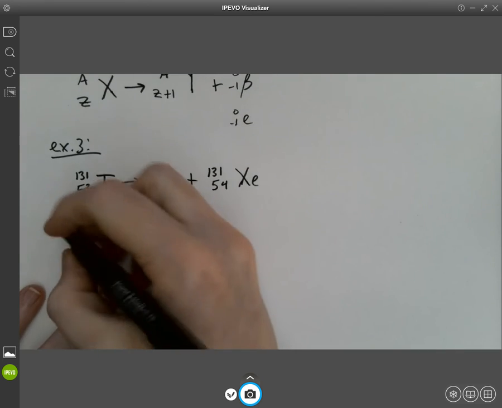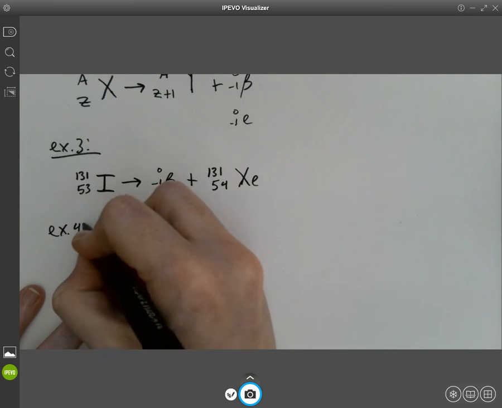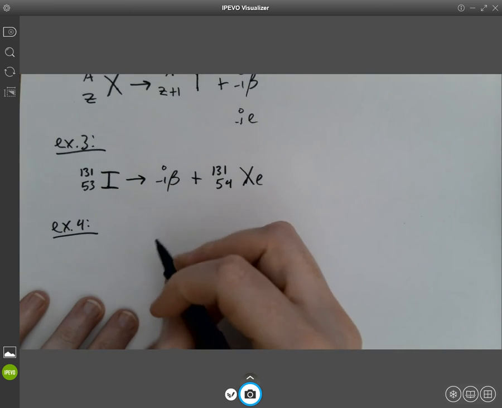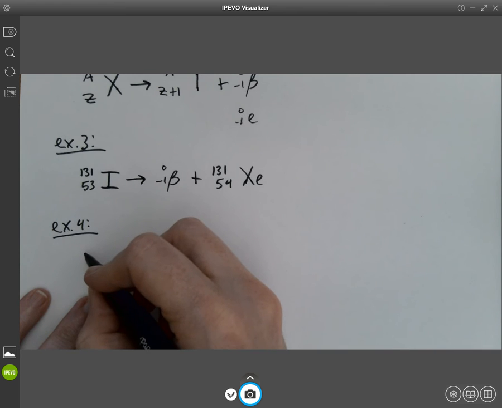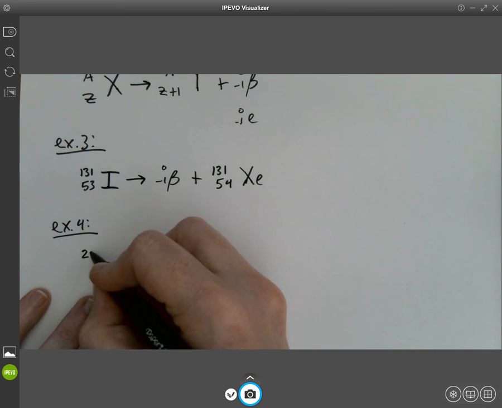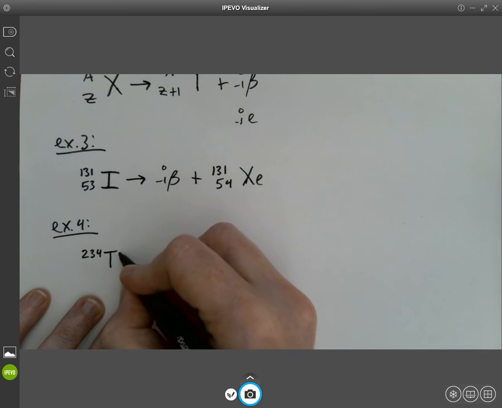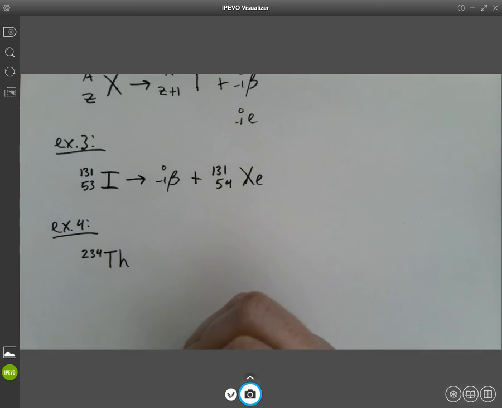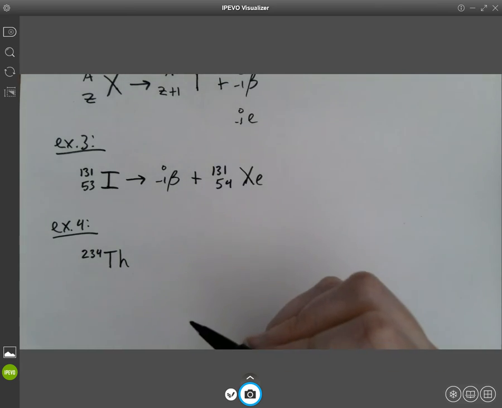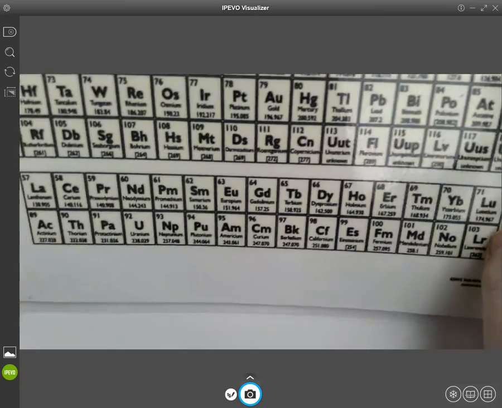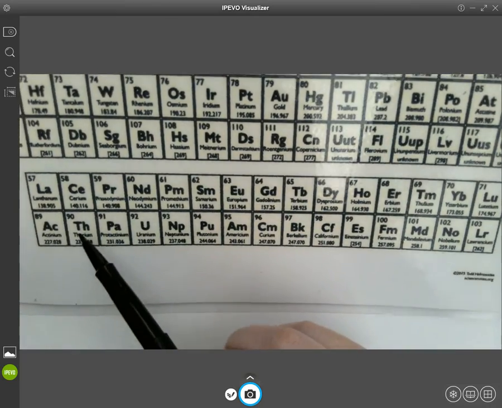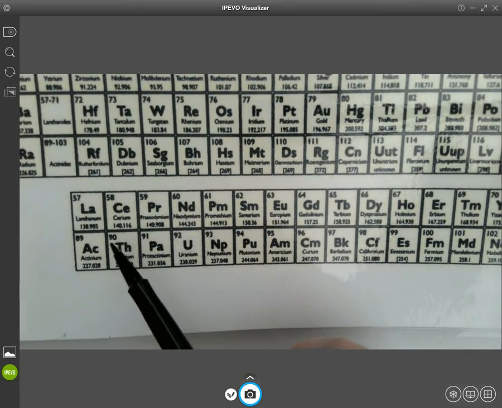Let's move on to example 4. Example 4, we're looking at thorium-234. Now let's find thorium on the periodic table. Thorium will be right here, down in the actinides.